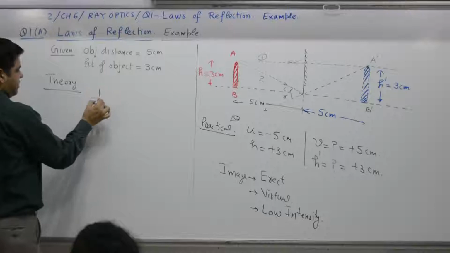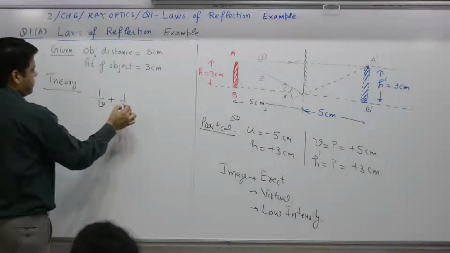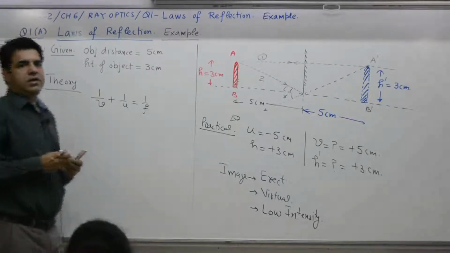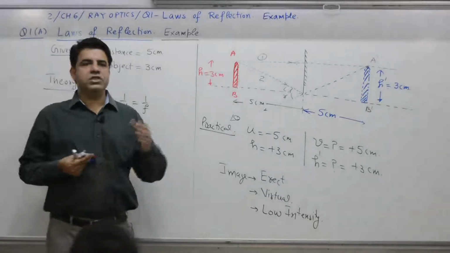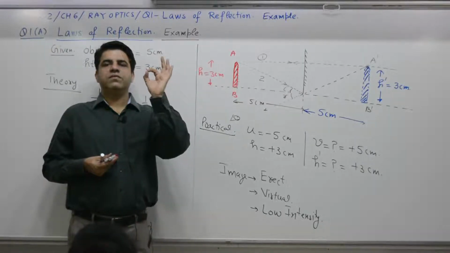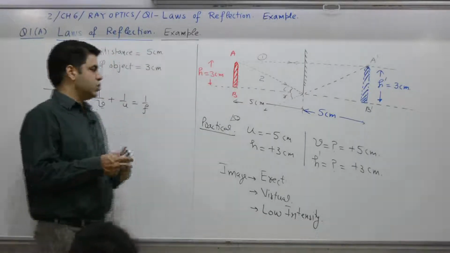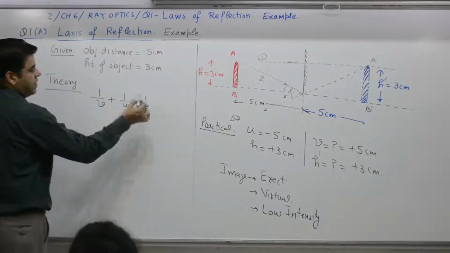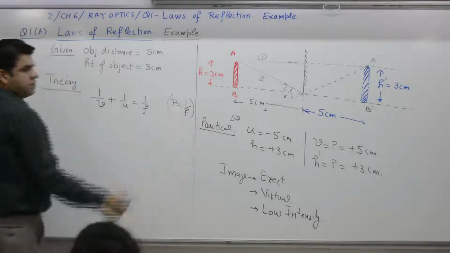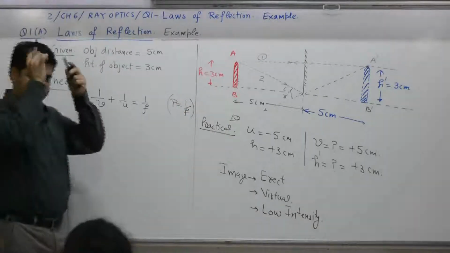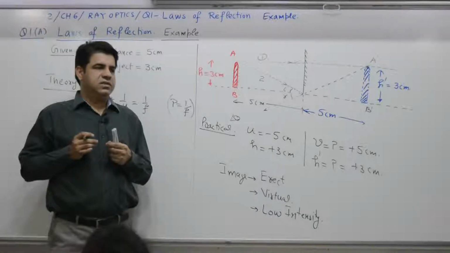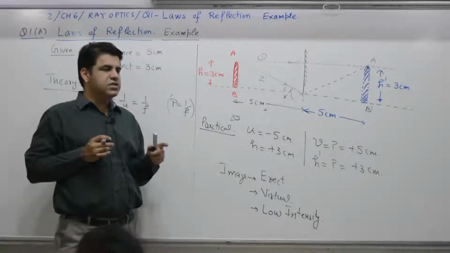Theory. Formula is 1 by V plus 1 by U is equal to 1 by F. For a plane mirror, neither converging nor diverging, its power to converge or diverge is 0. So its focal length is infinity. Power and focal length are inversely proportional to each other. Plain glass means 0 power.